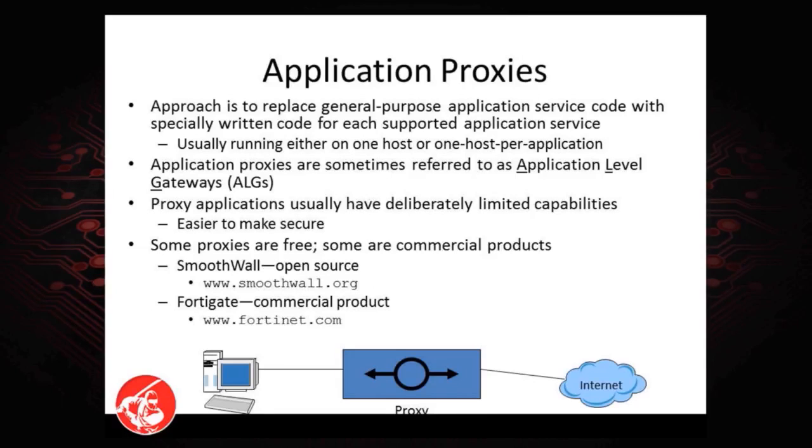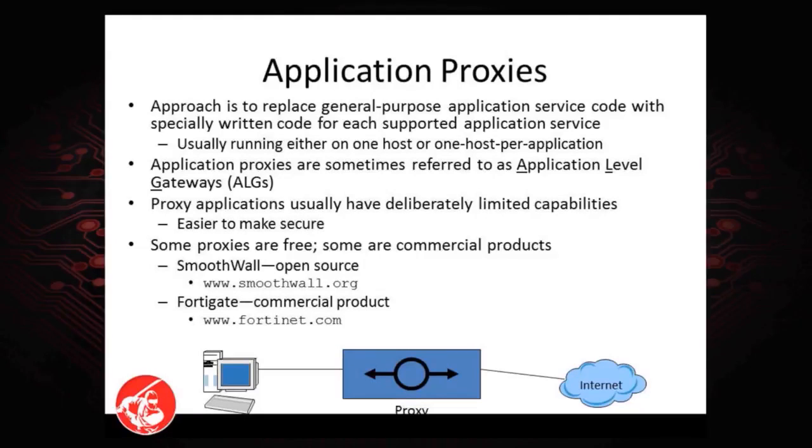Then we have what's called an application proxy. If any of you ever voted by proxy, it's the same concept. Rather than actually do the application itself, a proxy, small purposefully written code running on the Bastion host or a firewall box, is going to act on behalf of the larger program. Sometimes referred to as an application level gateway.